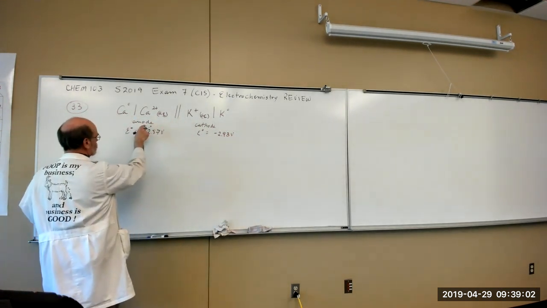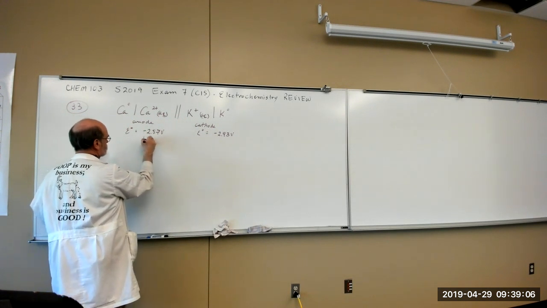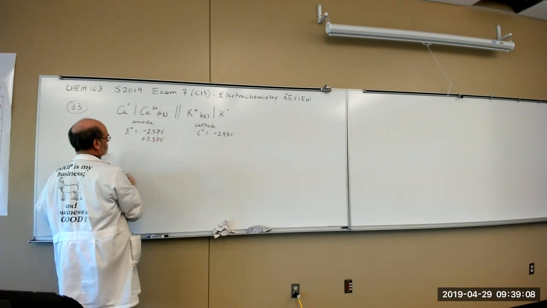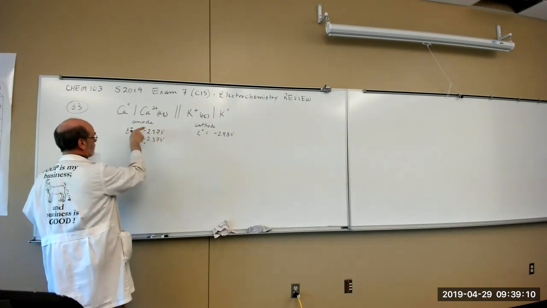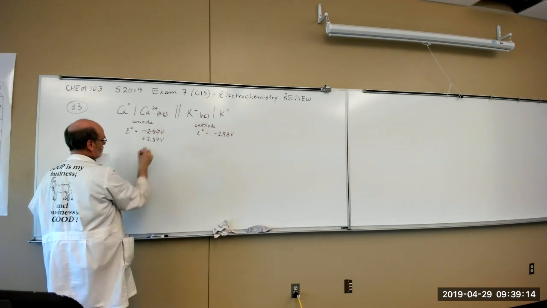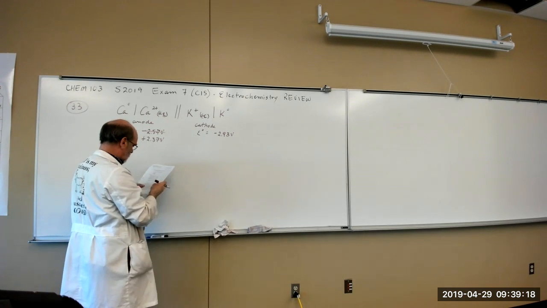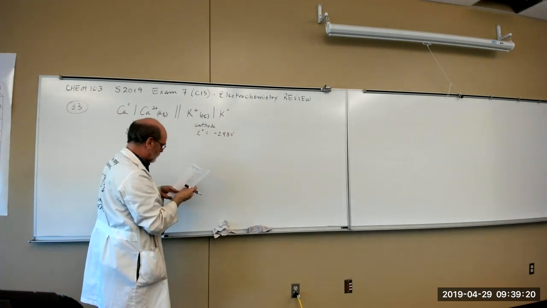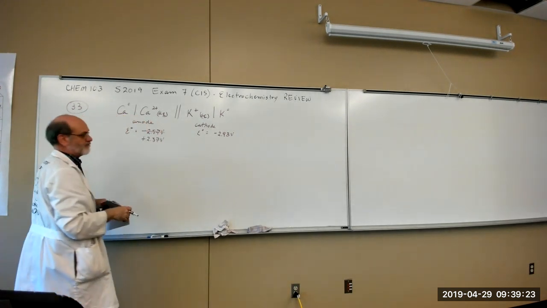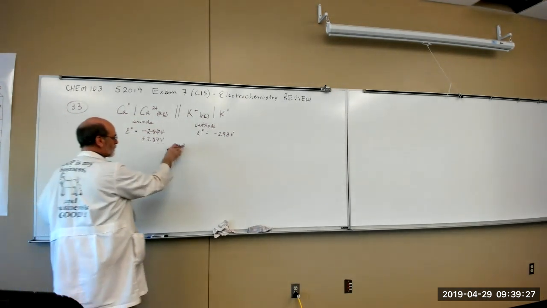This is the oxidation side, so its potential is going to be plus. Right? We have to reverse because this is oxidation, standard potential is always reduction. So if we add those together, is that cell going to be spontaneous? As written? Nope. Because you add them together, you get a negative number.